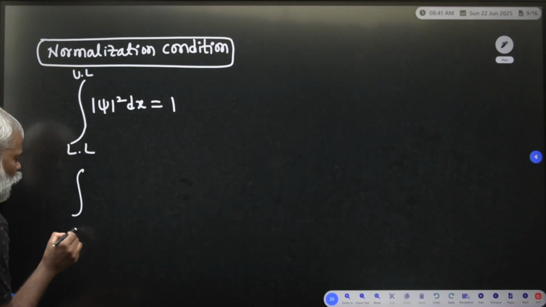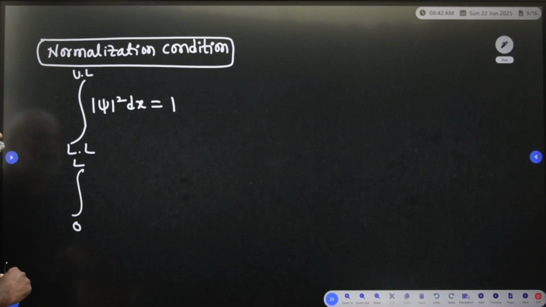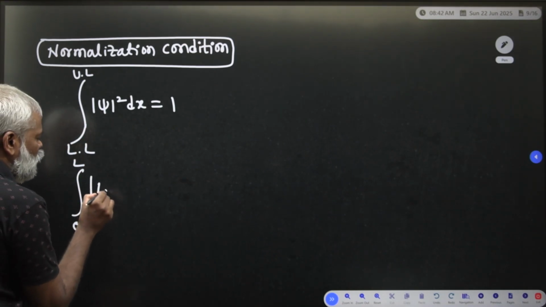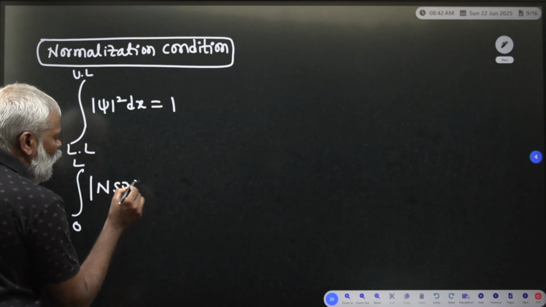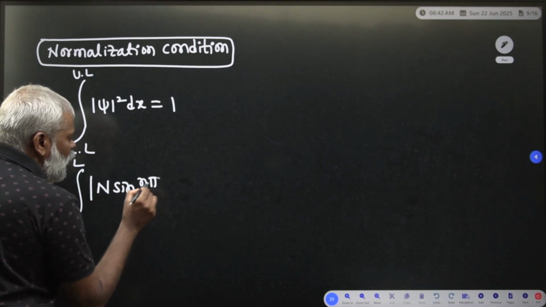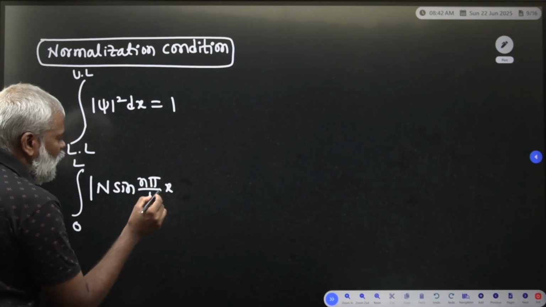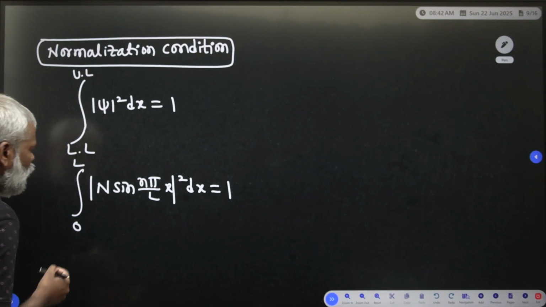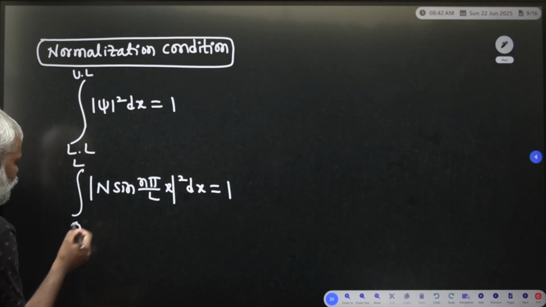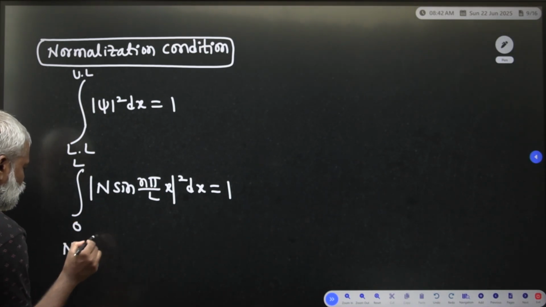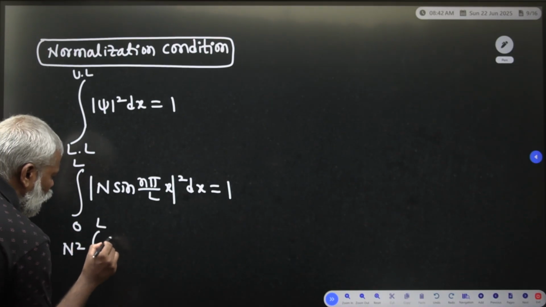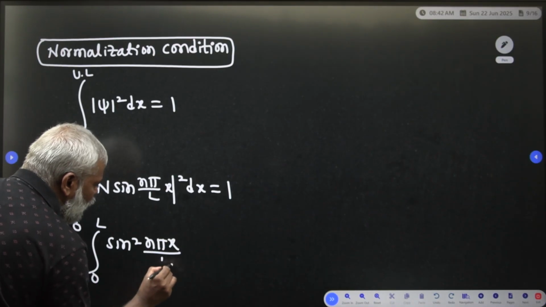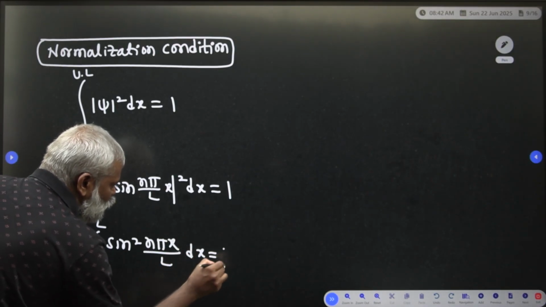Now you apply lower limit 0 and upper limit L, with psi of x equal to N sin n pi by L into x, whole square into dx, which is equal to 1. Now modulus of N square is equal to N square integral 0 to L sin square of n pi x by L into dx is equal to 1.